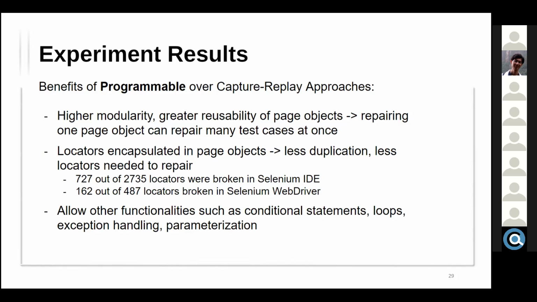Locators in page objects also have less duplication, so there are fewer locators needed to be repaired. In Selenium IDE, there were 727 broken locators out of 2,700, but in Selenium WebDriver there are only 162 broken locators. So you can see the effort needed to repair is much less for the programmable approach.